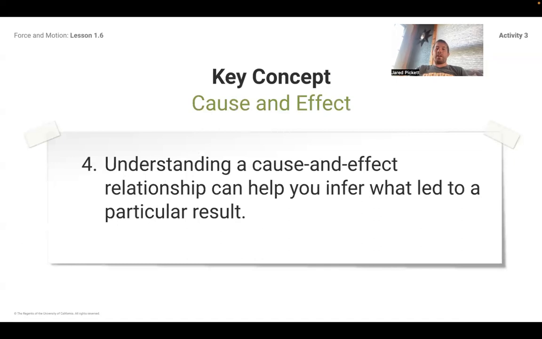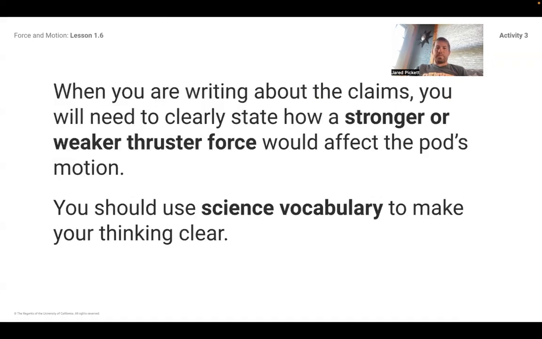So understanding a cause and effect relationship can help you infer what led to a particular result. Make sure that you add this key concept into your notebook. You need to make sure that you state that a stronger or weaker thruster force will have a specific effect on the pod's motion.